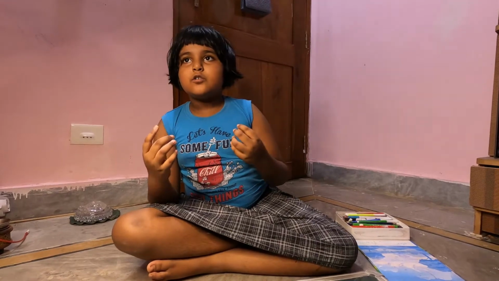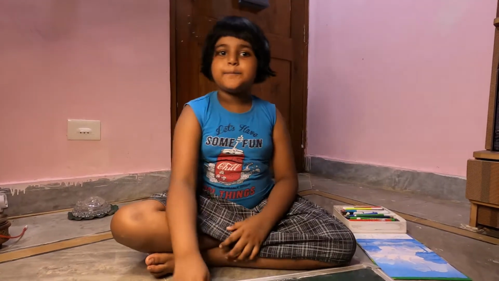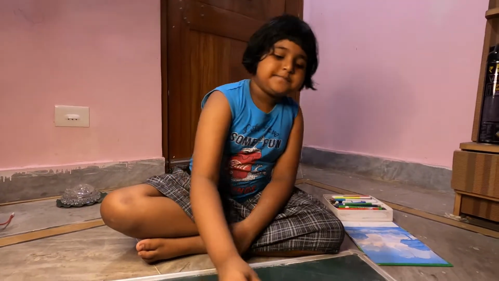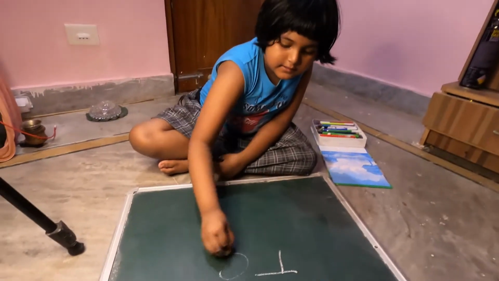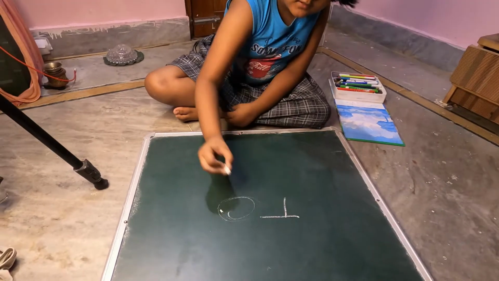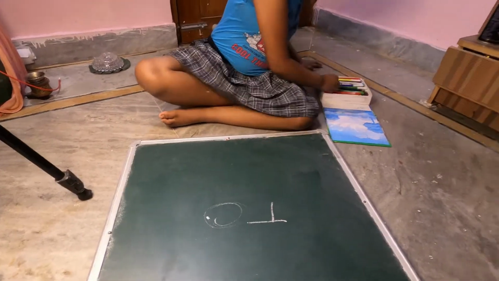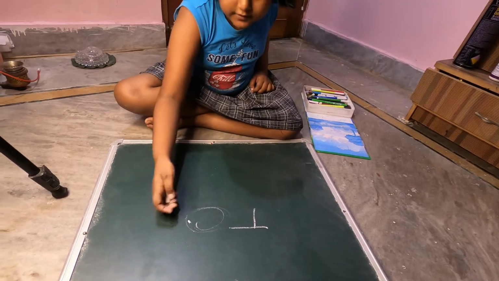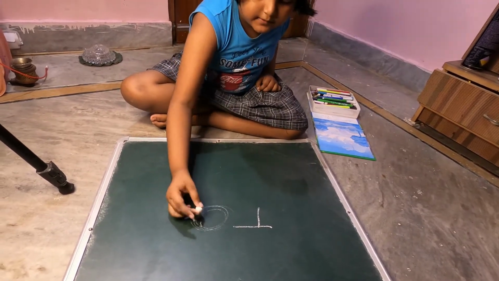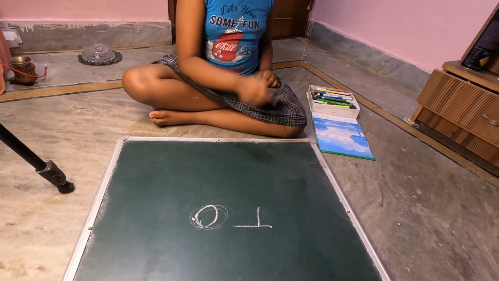Today I am teaching you addition of two-digit numbers. Okay? Six means tens, and this zero means ones. Zero is ones.